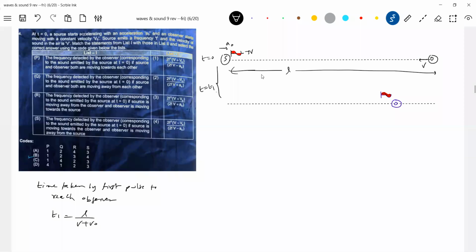We will write it: time taken by the second pulse to reach the observer. The second pulse will be generated after some time, because the source will be somewhere here, for our understanding purposes. I can't give an exact diagram. I just wanted to make you think. Now the second pulse will be generated.